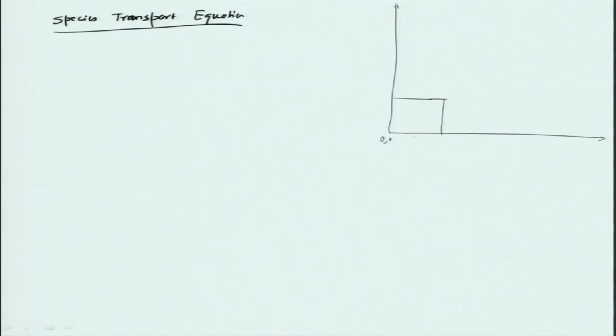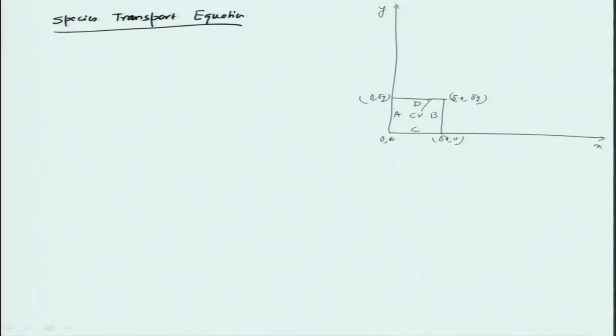This is (0, 0) and this is (delta x, 0) and (delta x, delta y), this is (0, delta y), and this is the x direction, this is the y direction, right. We are taking an infinitesimal control volume. This is our control volume, it has faces A, B, and this is face C, and this is D, right. This is our control volume basically.